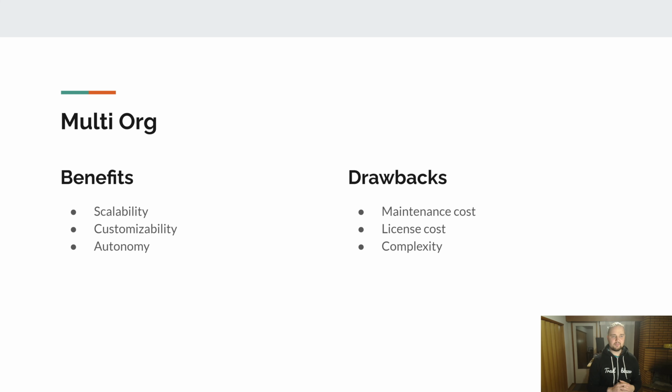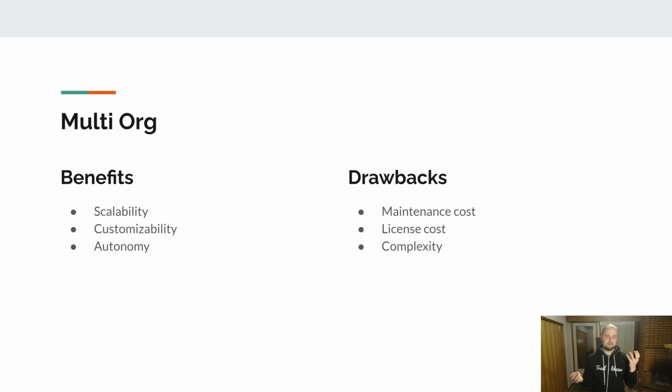So for multi-orgs, some of the benefits really are then sort of vice versa compared to the single org. The scalability of the multi-org, we can handle a very large data volume because every single Salesforce org comes with some data storage already available, and then you get additional per license in the org. That scalability might help us to deal with some large data volumes.